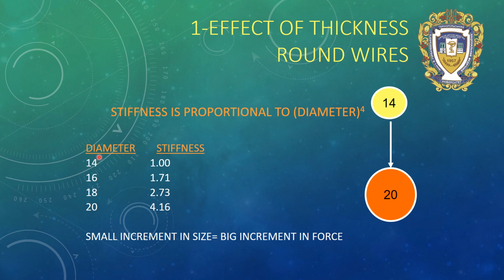But if we increase the diameter by nearly 70%, stiffness will increase more than 4 times. So the conclusion: a small increment in size will give us a big increment in force.